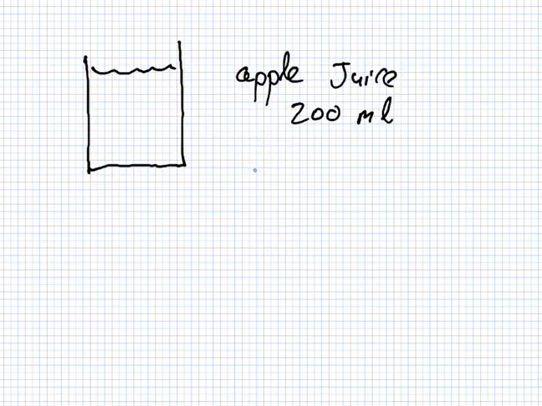You know pH? Is apple juice acid or base? Acid. So its pH should be what? Under what? Yeah, under 7. So for apple juice, the pH level, we'll say it's 4.